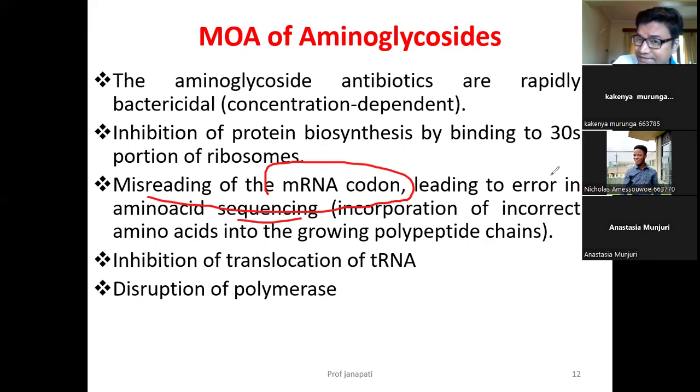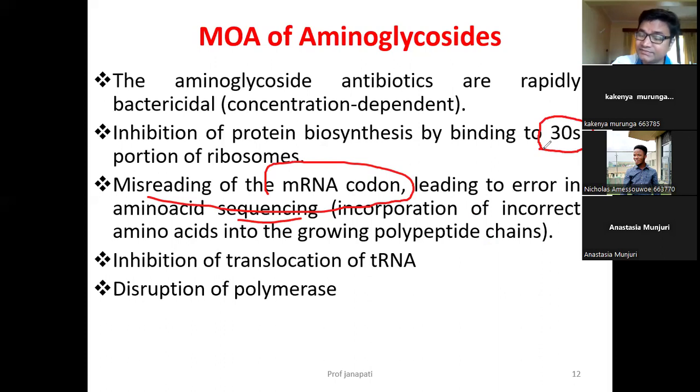And one more thing is that these drugs bind to the 30S ribosome. This is also one of the important factors. Macrolides bind to the 50S ribosomal unit.